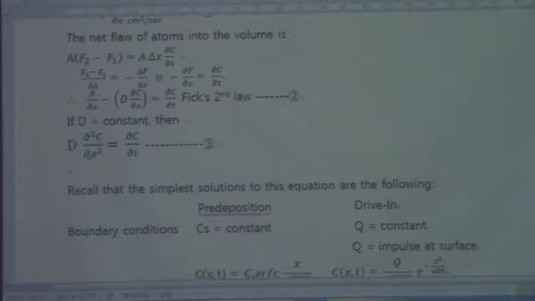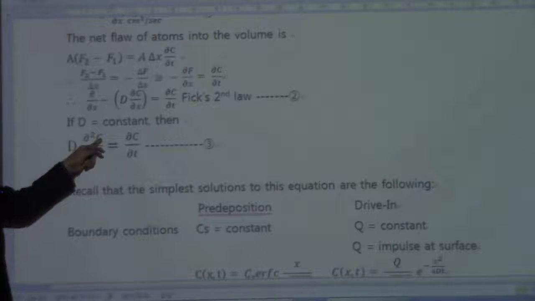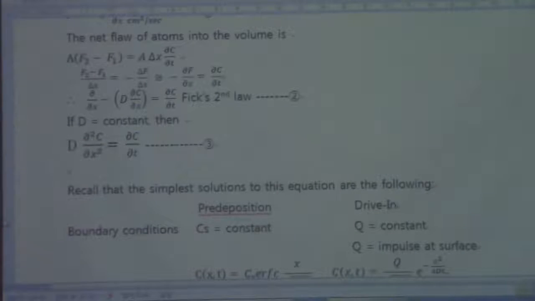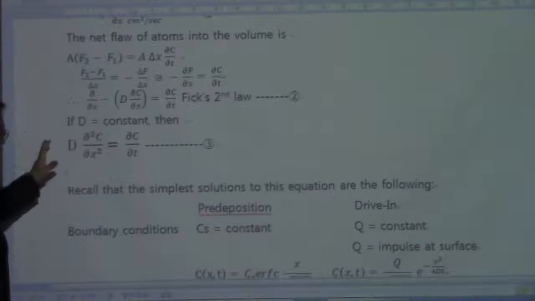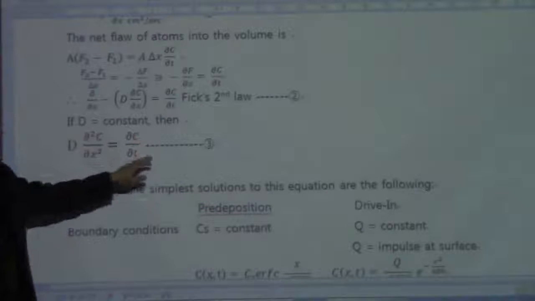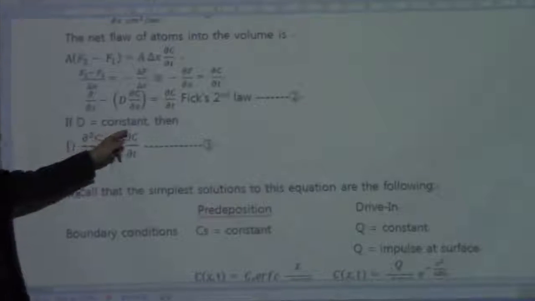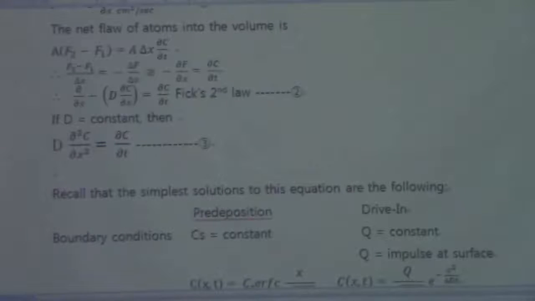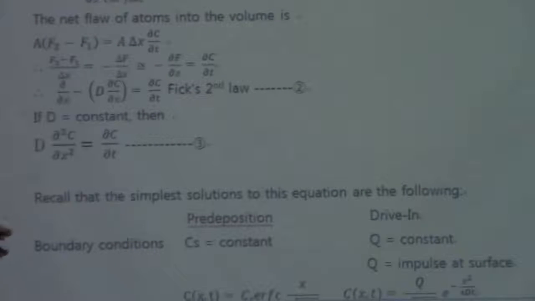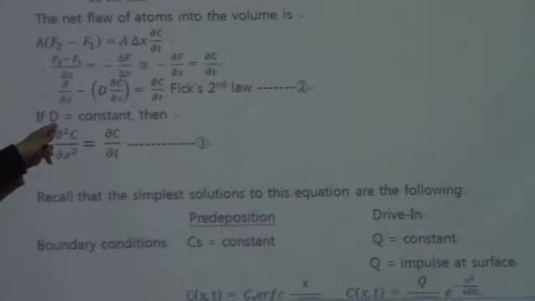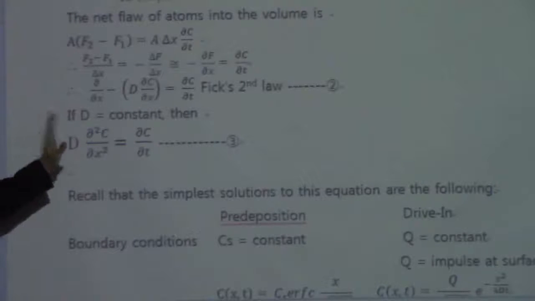Now, in most cases, when the concentration of the dopant is not that heavy, in the lightly doped case, we can normally use these approximations. We can assume the diffusion coefficient is a constant. In metallic systems, not semiconductors, in almost all cases we can set the diffusion coefficient constant, no matter what.